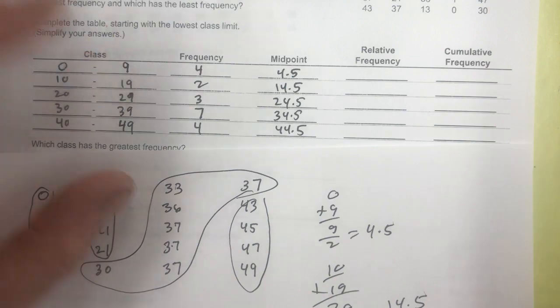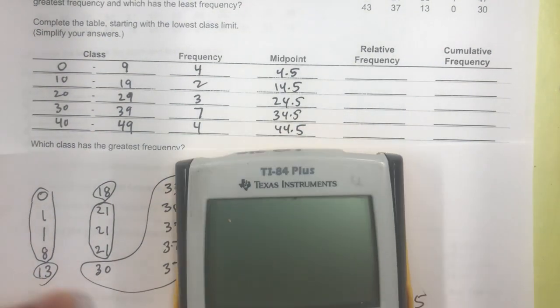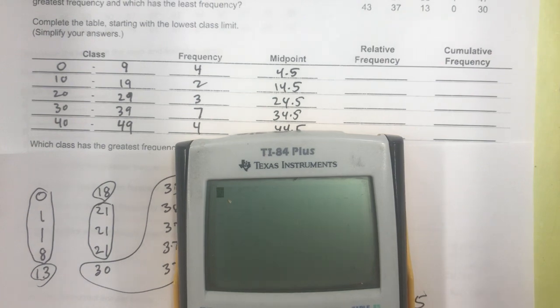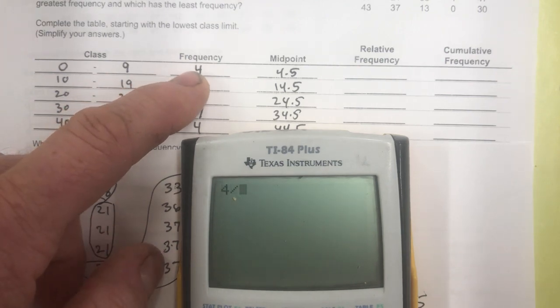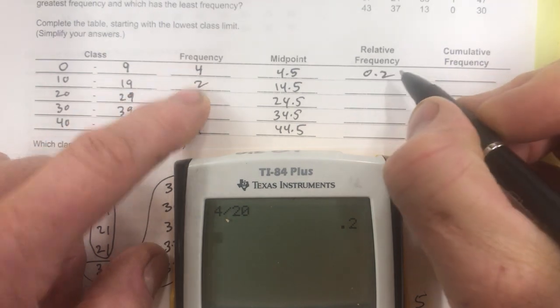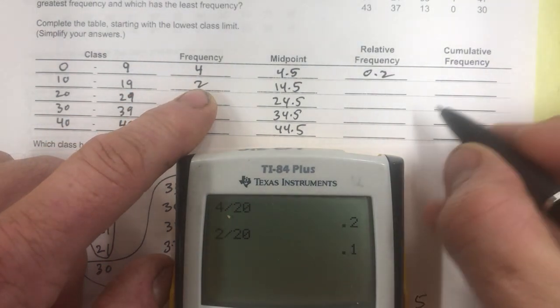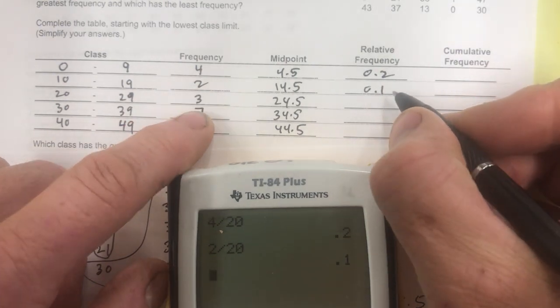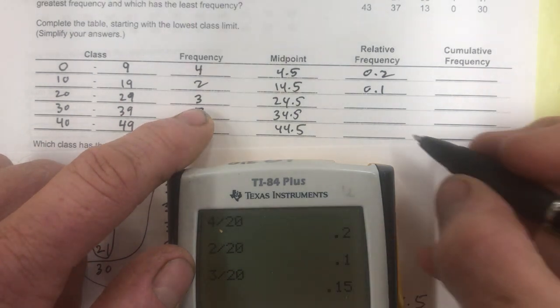Now let's go to the relative frequency. All right, there's 20 of these. So what I do here now, this first one, since there's 4 of those, I do 4 divided by 20, which comes up to 0.2. Right here I got 2 divided by 20, and that's 0.1. Here I've got 3 divided by 20, and that's 0.15.